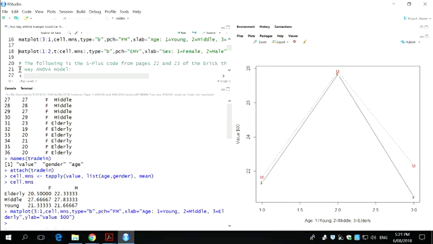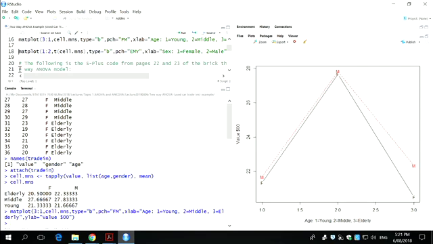Doesn't look like much of a difference between the genders, does it? Both the red dotted line and the solid black line have pretty much the same pattern. There might be a little bit of difference going on here in how the elderly females seem to be getting a little bit worse deal than elderly males. Okay.